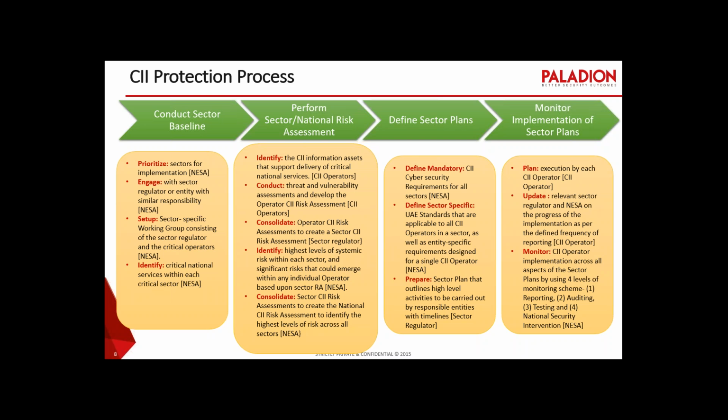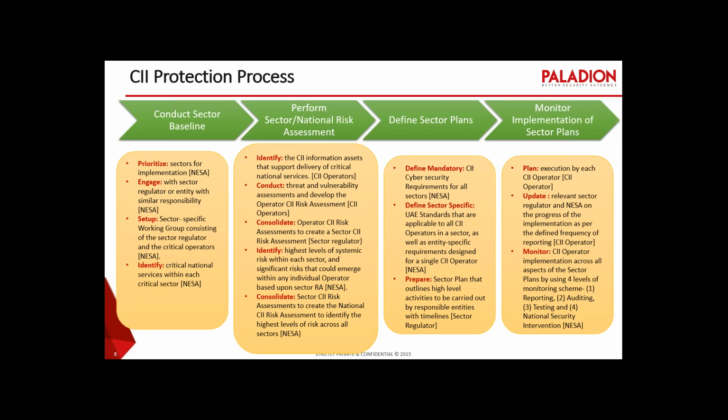Now from there, what NESA wants to identify is which are those systemic risks which are present in a particular sector. So systemic risk is a risk that is applicable to multiple entities within a sector. So let's say 4 or 5 banks have a similar kind of risk, then for that particular banking sector, that risk becomes a systemic risk, and then similarly for oil and gas or maritime or airline industry.